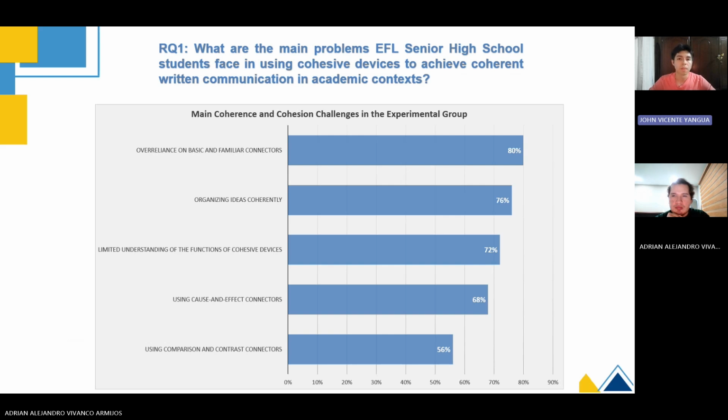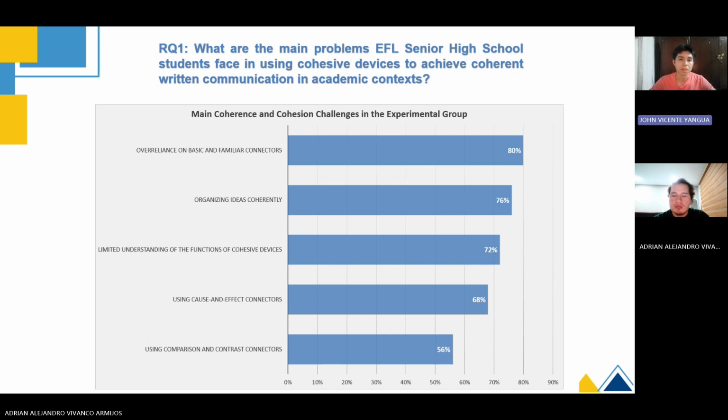The most frequent problem was the students' over-reliance on basic and familiar connectors, which affected 80% of the participants. Most students tended to use only common connectors such as and, but, and because, while avoiding a wider variety of cohesive devices.